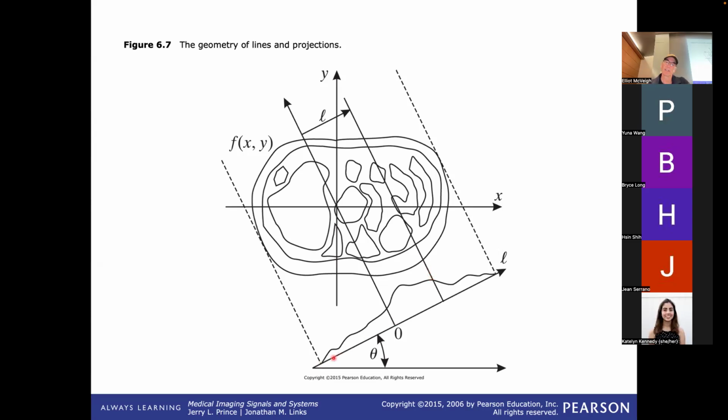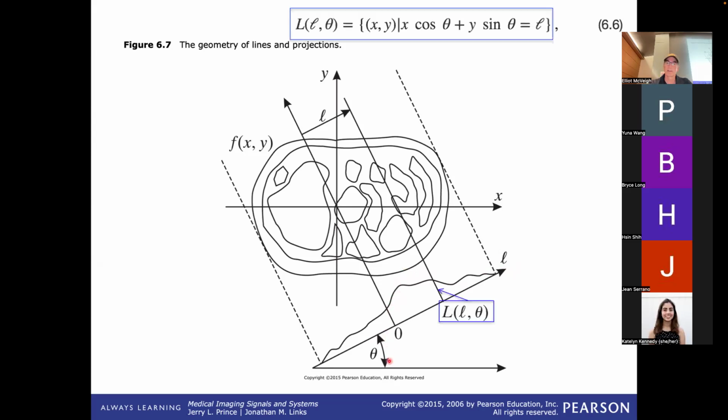And then we're going to detect them along the geometry of our detector, which will have a parameter called L, which is that geometry. This angle is parameterized by an angle theta. So this line here is a set of X and Y values in the plane such that this relationship is true. And we looked at this three lectures ago, I think, as the function of a line, of a delta function line.